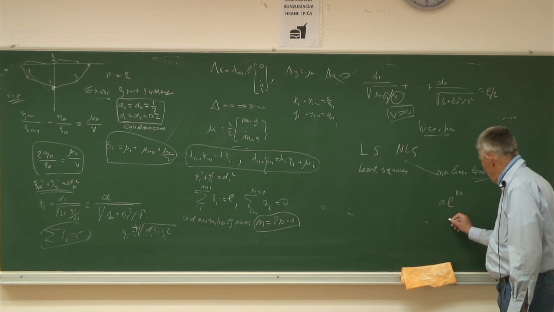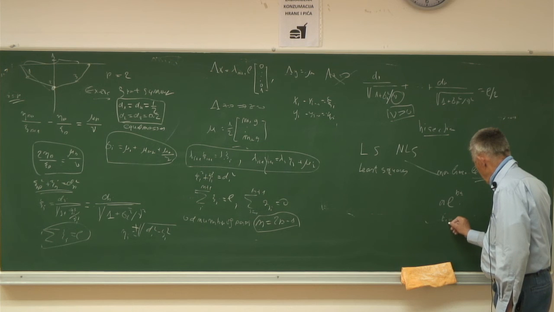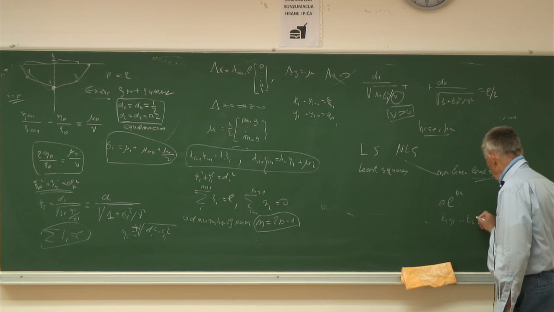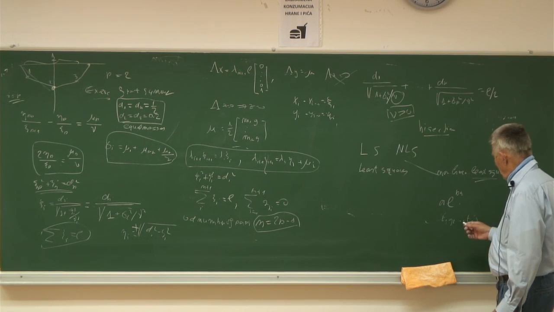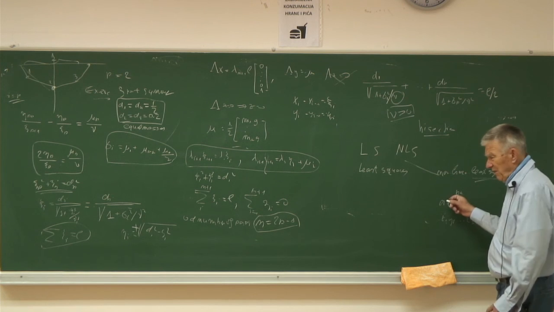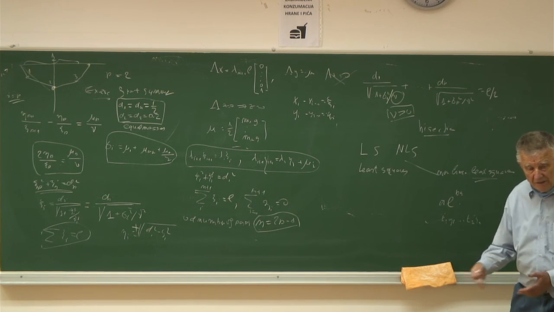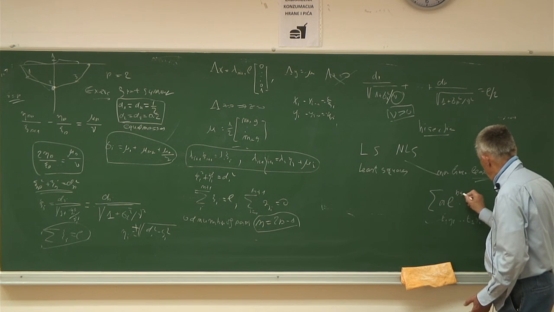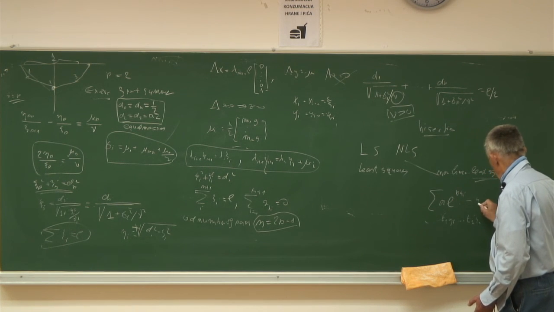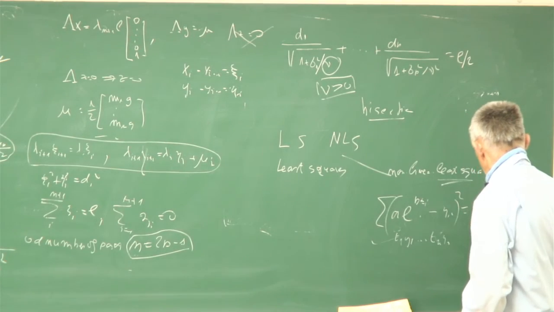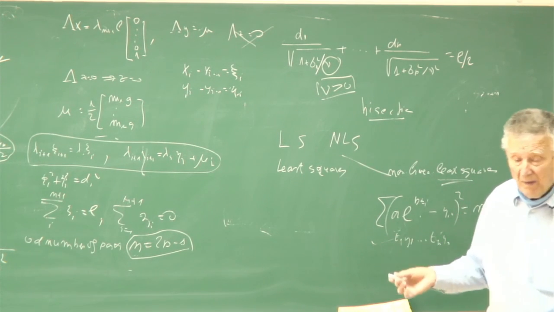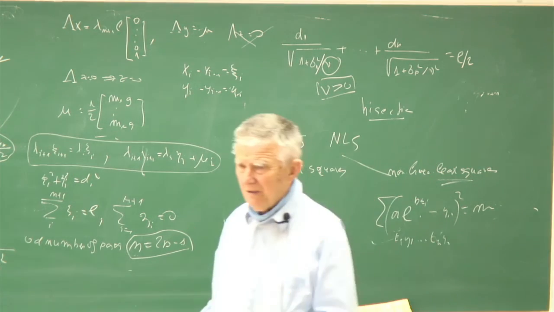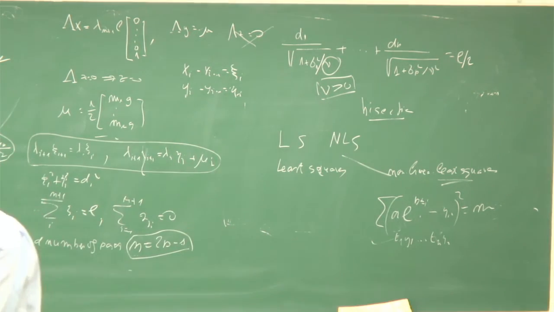And you've got some points, t1, y1, tn, yn. And you would like to find a and b to fit these data with this function as good as possible. That would mean the sum of squared differences equal to minimum. That's a typical problem. Now, with this special function, there are still a bunch of works doing now with it, how to do it efficiently.